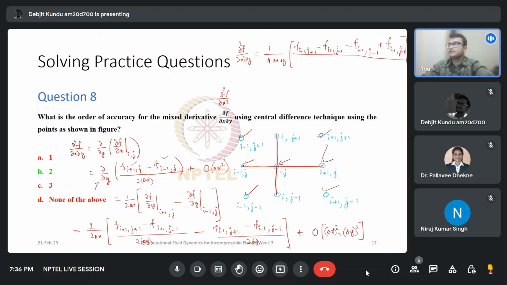Okay, I've already taken this out, so this division is not required. Anyway. And I have an order of accuracy of delta x squared and delta y also squared. So the order of accuracy would be 2, same for both.